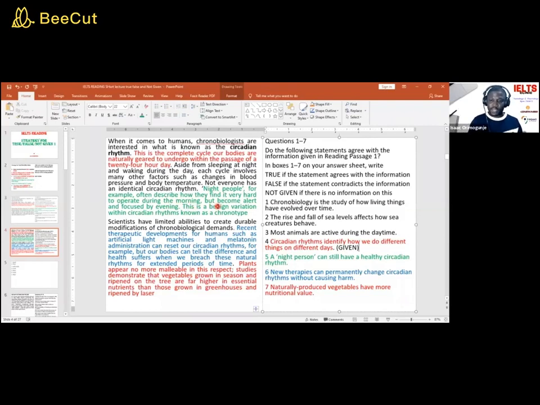Okay, if you look at the dictionary for benign, you would understand that it's saying healthy, good, neutral, or things like that. So they are measuring the same thing. That's why it is given. Okay, so this third one now, the next one, new therapies can permanently change.